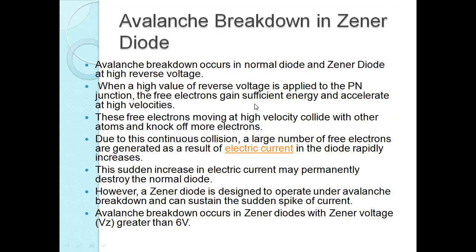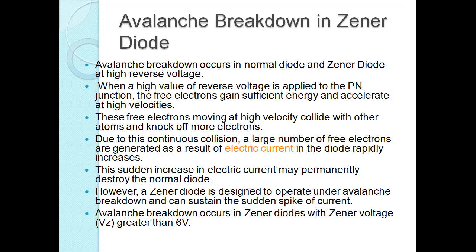When a high reverse voltage is applied to a PN junction diode, free electrons gain sufficient energy and accelerate themselves to high velocities. These free electrons moving with high velocity collide with other atoms and knock off more and more electrons from the atoms. Due to this continuous collision, a large number of free electrons are produced. As a result, the electric current in the diode rapidly increases.